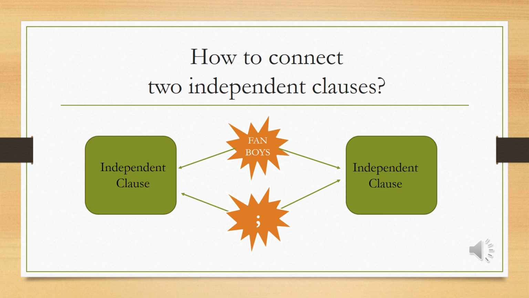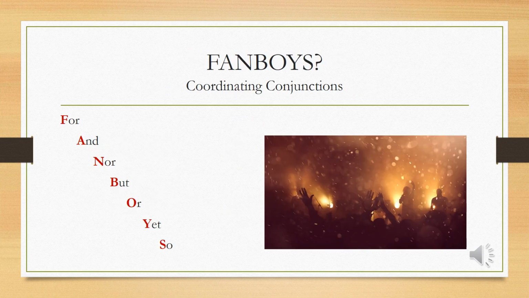So, to summarize, how do you connect 2 independent clauses to form a compound sentence? There are 2 ways. The first way is to use a fanboys. Yes, I said a fanboys. And the second way is to use a semicolon. Alright, so for those of you who do not already know, what are fanboys?